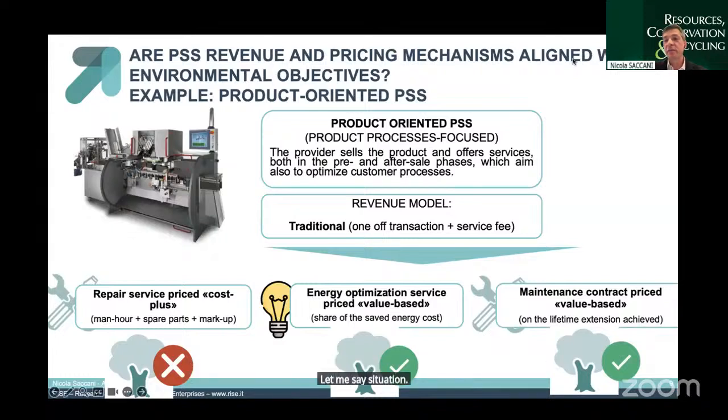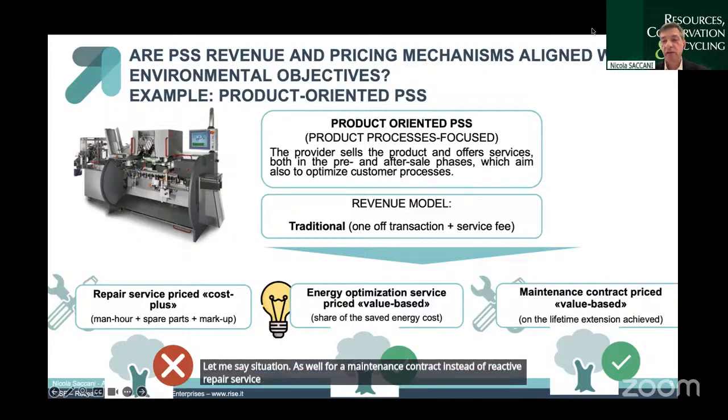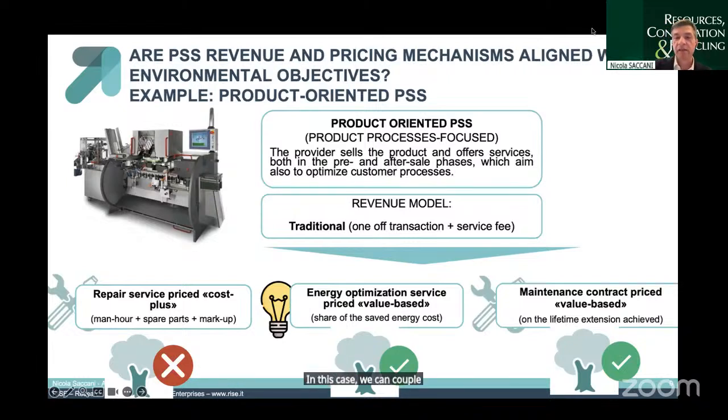As well, for a maintenance contract, instead of a reactive repair service, that is priced based on the value that is achieved, for instance, measuring the statistical expectation of a lifetime extension of the product. In this case, we can couple the business objectives with the environmental benefits.